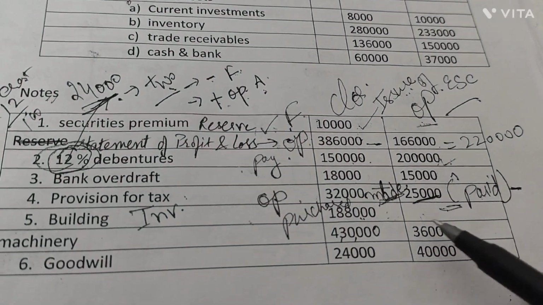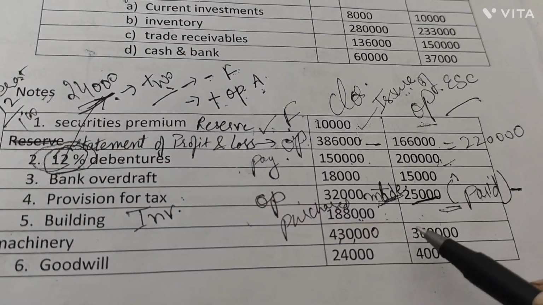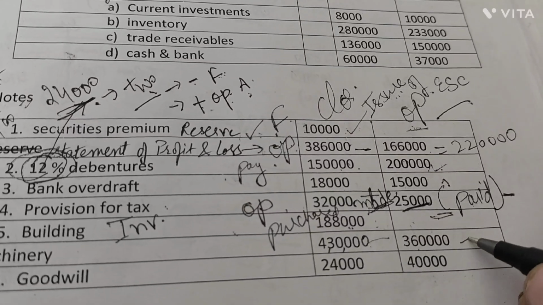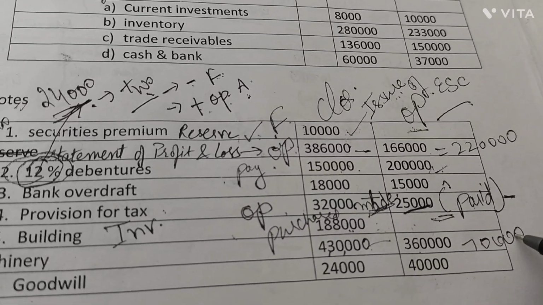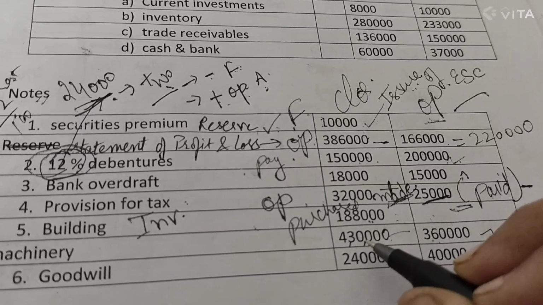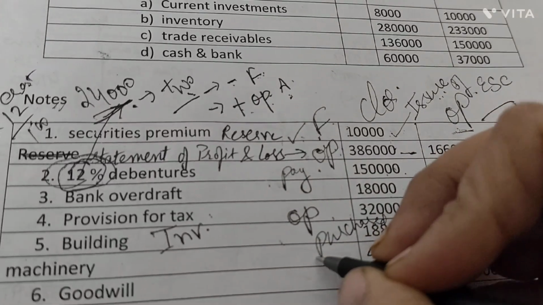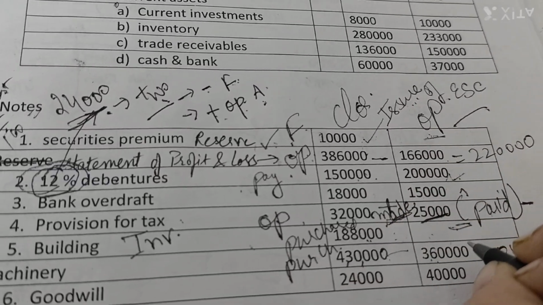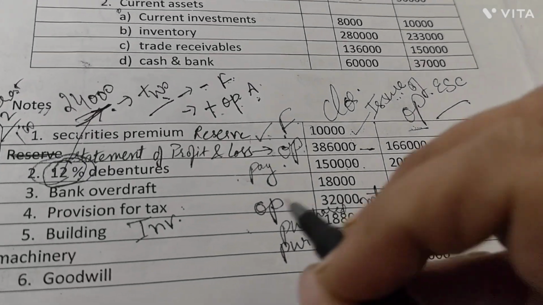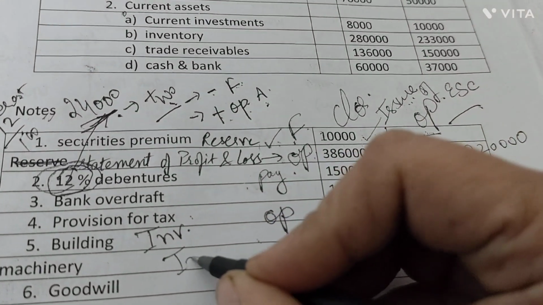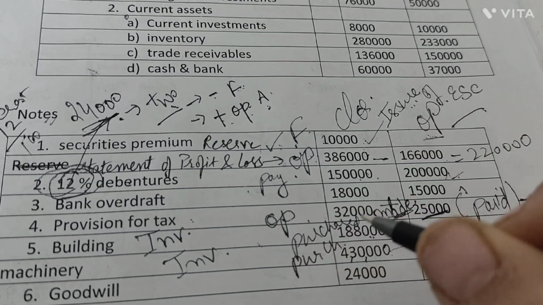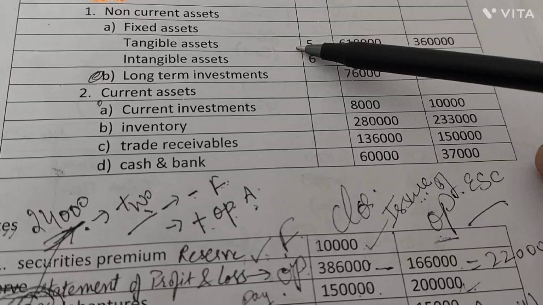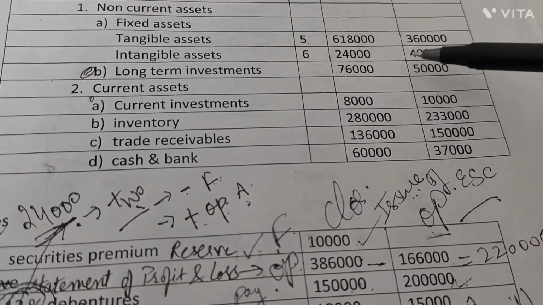Now the machinery balance has also increased from 3,60,000 to 4,30,000. So there is a difference of rupees 70,000. This 70,000 also shows an increase in the machinery. So this would also be treated as purchase of machine with rupees 70,000, taken to which activity? Investing activity. Okay dear.